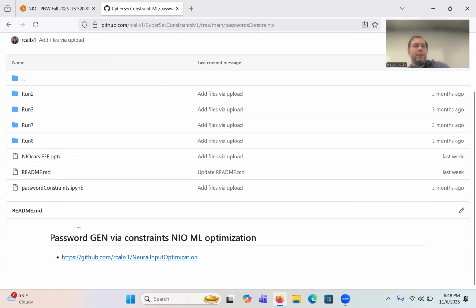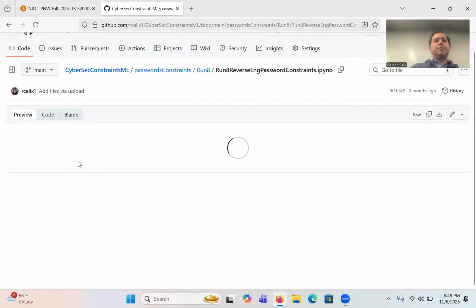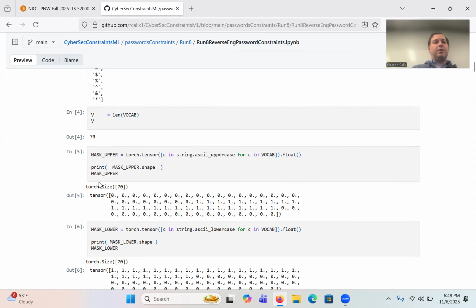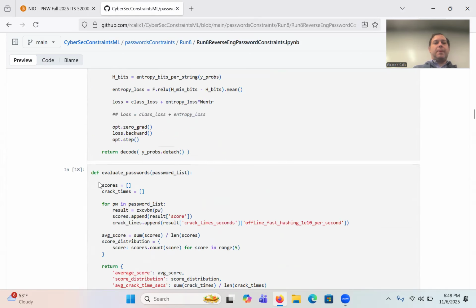And go to the latest run, like this one. And this is an application of NIO to generate passwords.